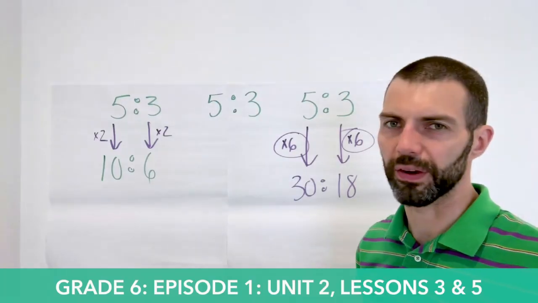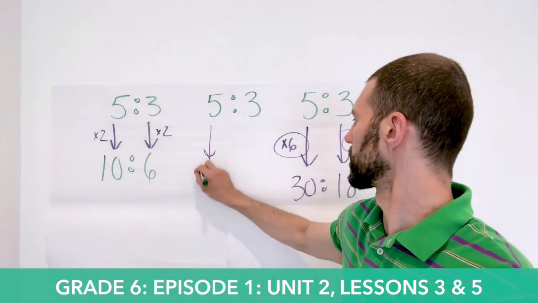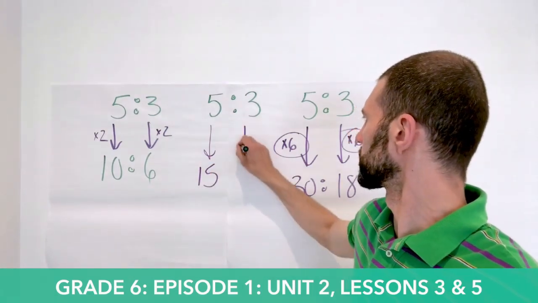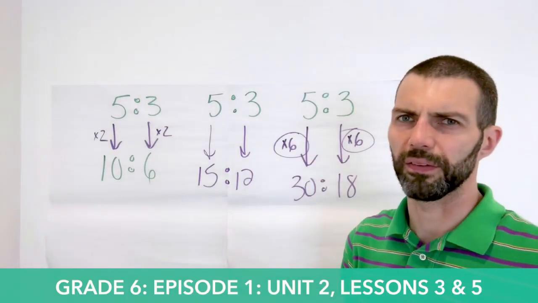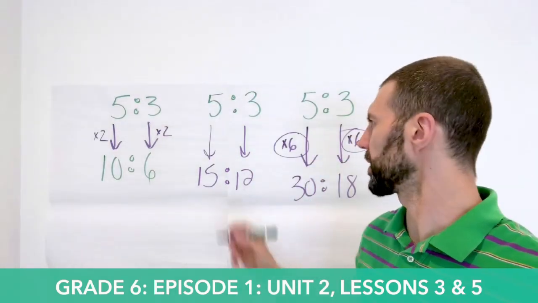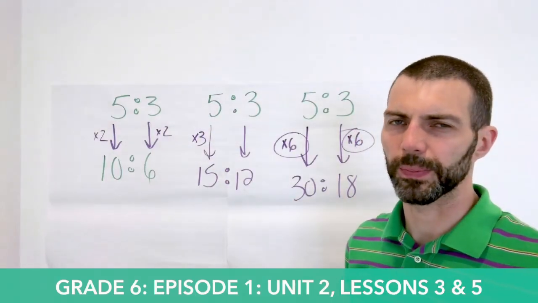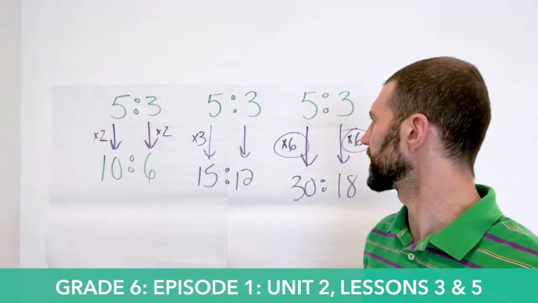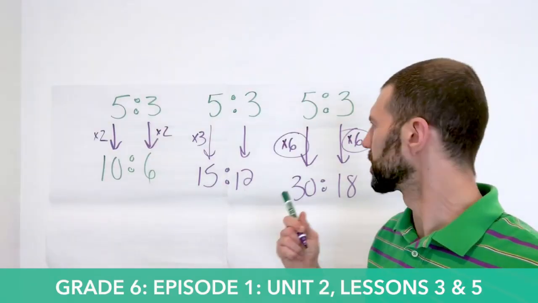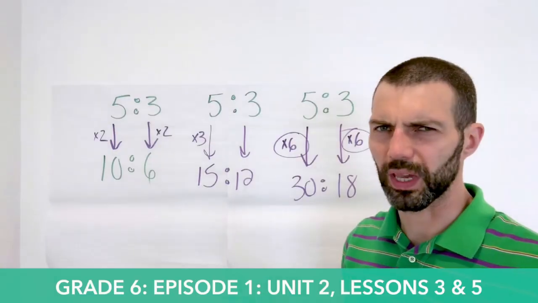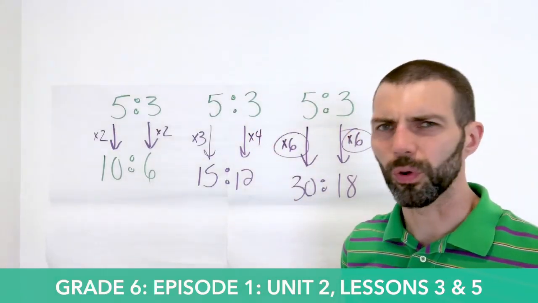Now let's go to my other example, which was 15 to 12. When I think about what can I multiply 5 by to give me 15, I know that 5 times 3 gives me 15. But then, if I wanted to make 12 using multiplication, I actually would have to multiply 3 times 4.